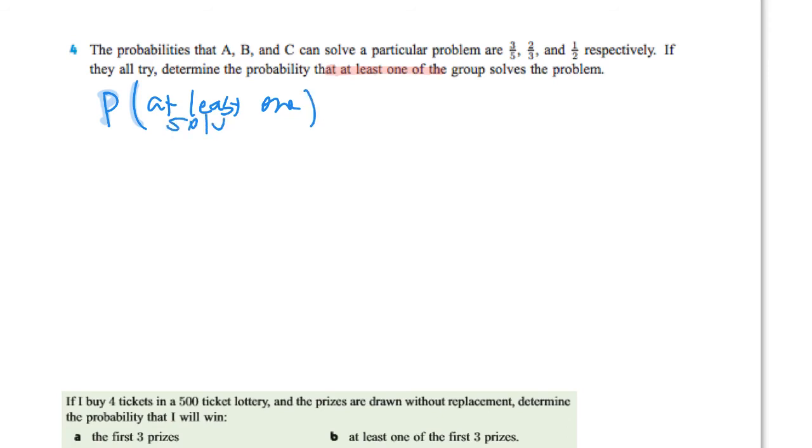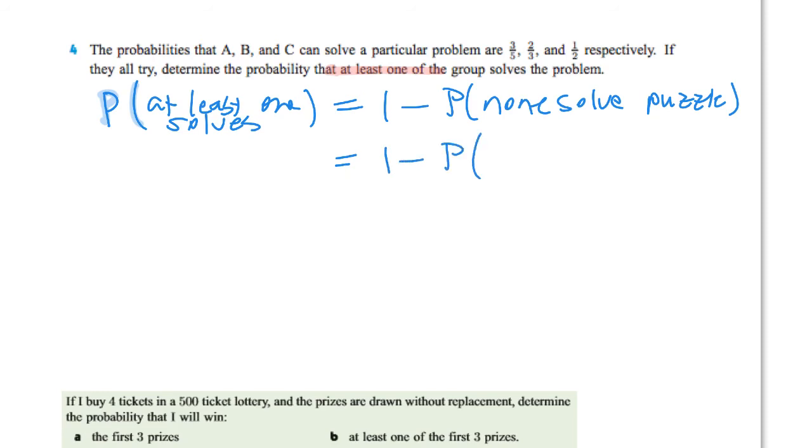The probability that at least one solves the puzzle is 1 minus the probability that none solve the puzzle. So none solve the puzzle means all 3 people can't solve it.